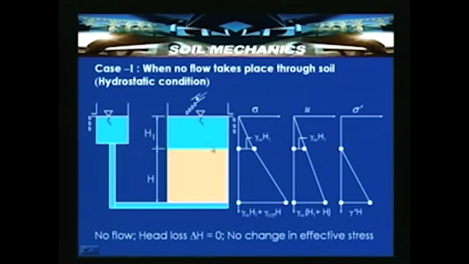So, consider a container having a water head H1, where H1 is the level of the water above the top surface of the soil. This portion is filled with soil of height H and it is connected to a stem, and this water level is maintained.